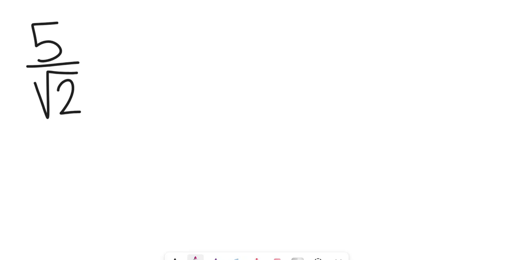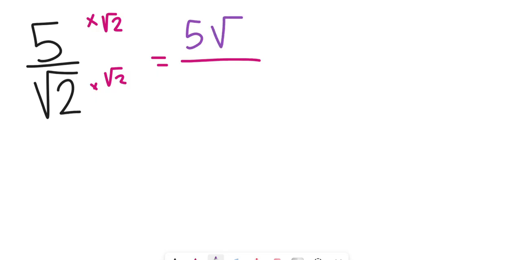According to what we just explained, radical 2 multiplied by radical 2 will give us 2, right? But if you multiply your denominator by radical 2, you must multiply your numerator as well. So what does it become then? 5 multiplied by radical 2 is 5 radical 2.